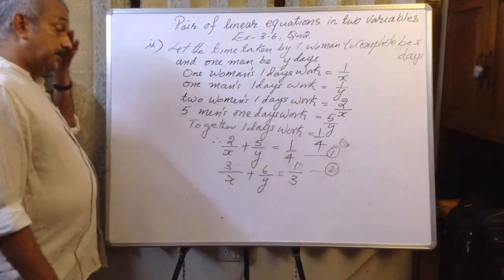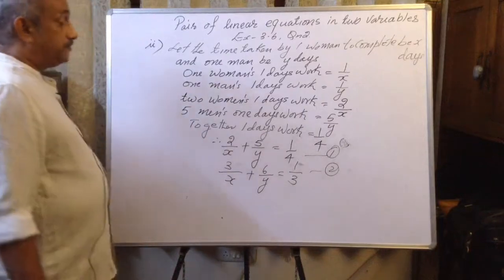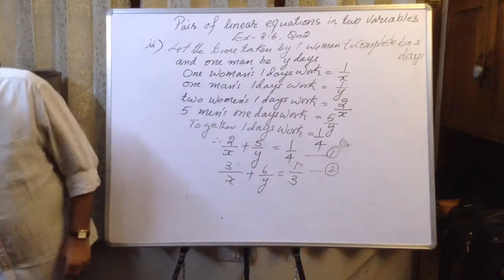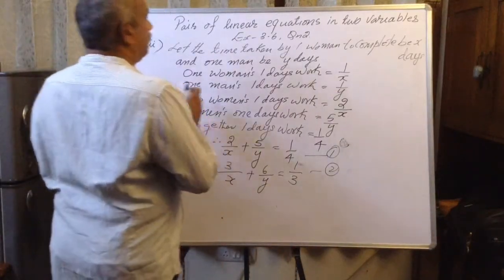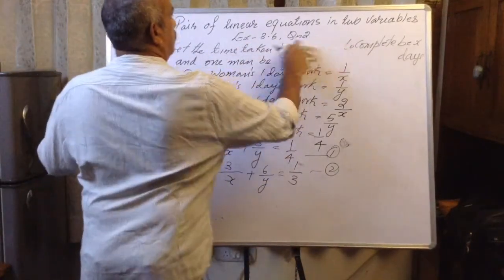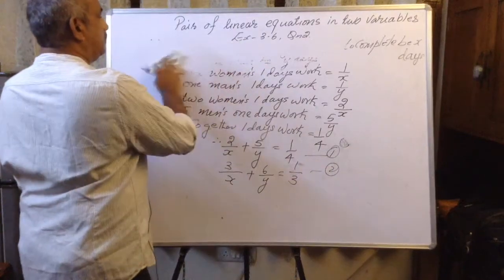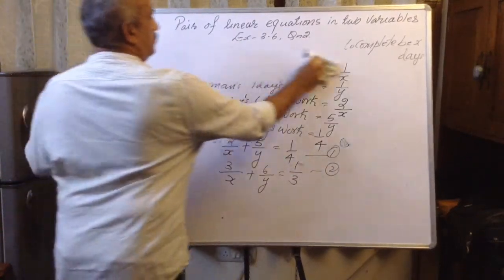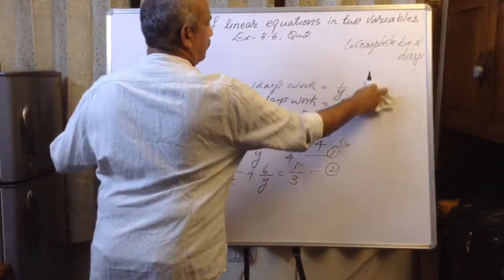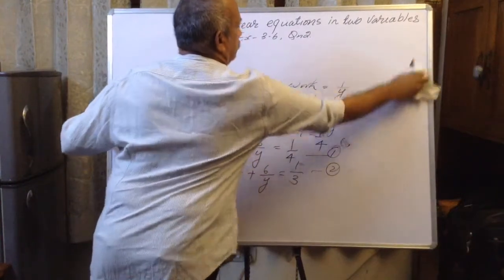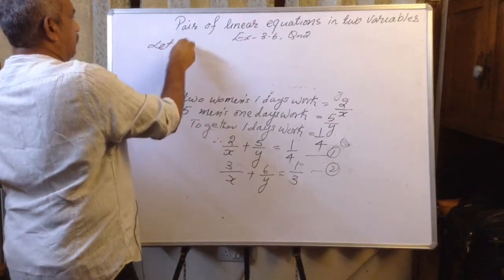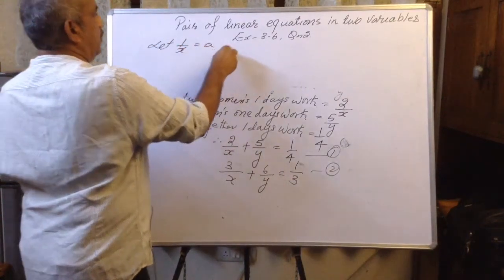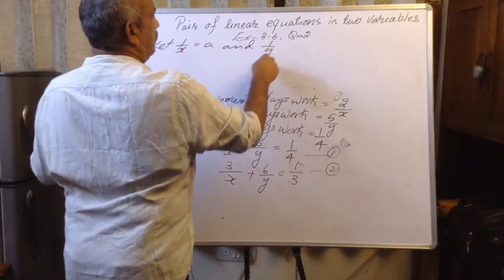Now we will assume, let 1 upon x is equal to a and 1 upon y is equal to b.